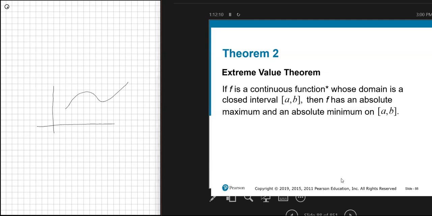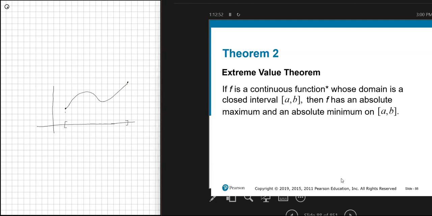And if it's continuous over a closed interval, that means it can equal the endpoints. Then it will have both an absolute maximum and an absolute minimum, because the endpoints have to be part of it. In this case, the absolute maximum and the absolute minimum are the endpoints.